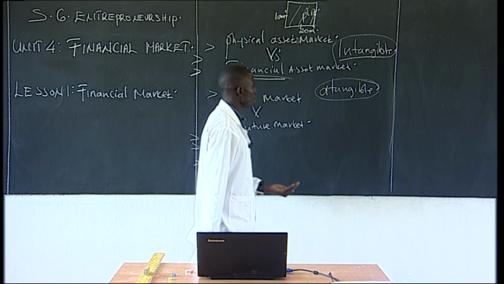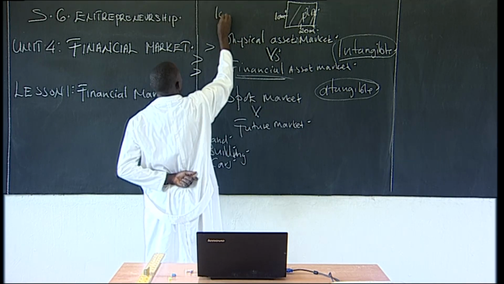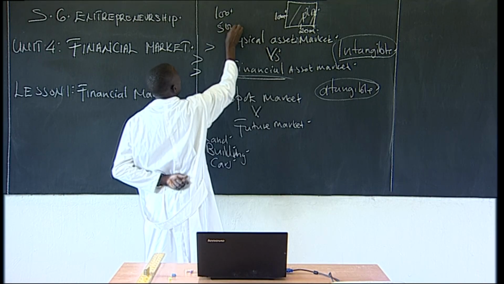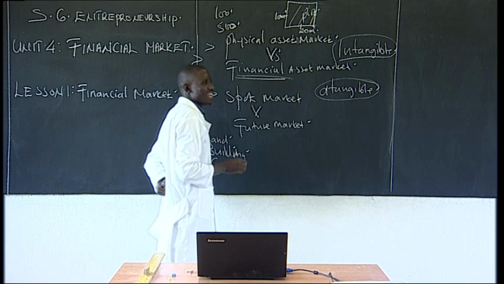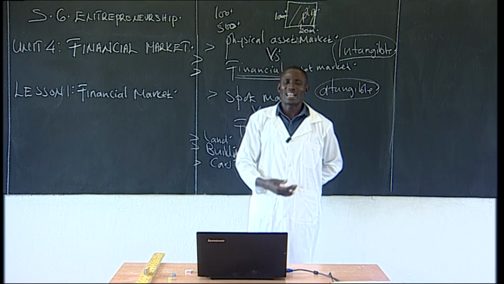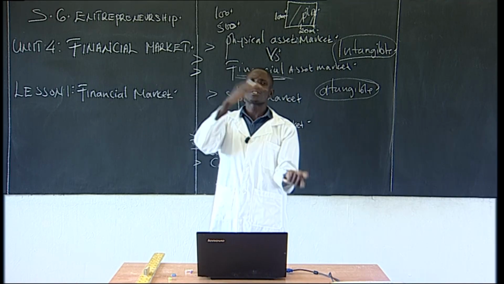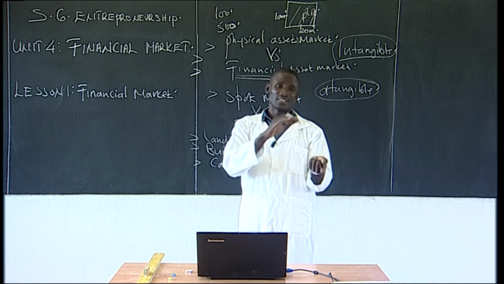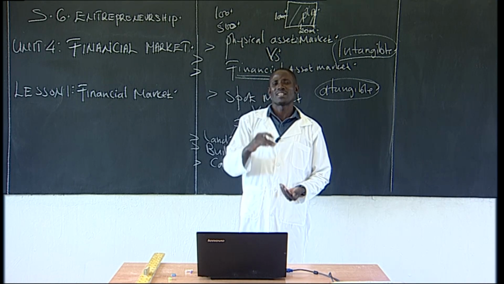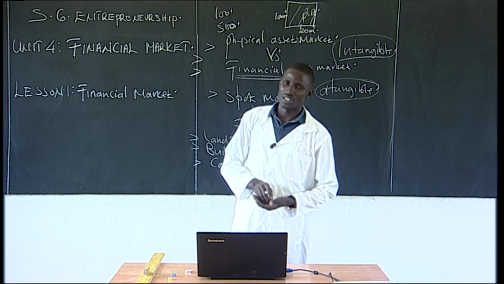For example, you find a commodity today at 100. Tomorrow it is going to be at 500. Another day it is going to be at 10,000. Another day it comes back to 100. So you find it is not having a specific price. That's why we say that the commodity is unstable or fluctuated.